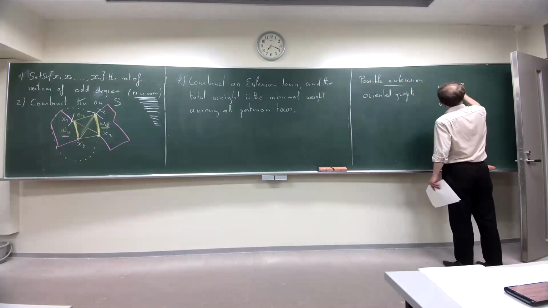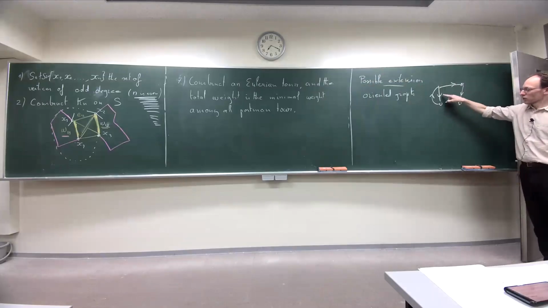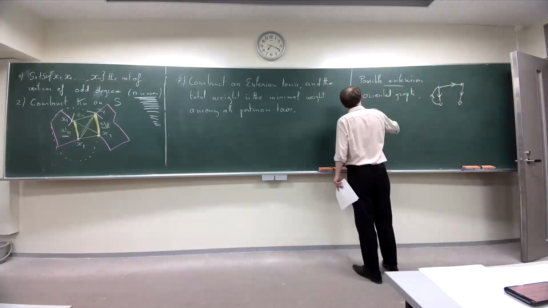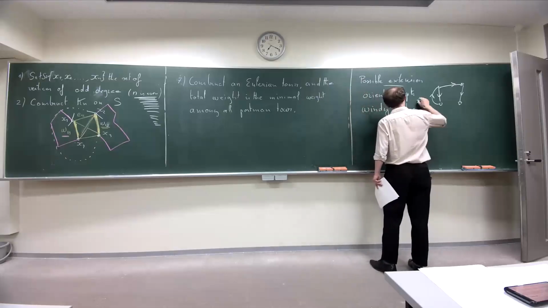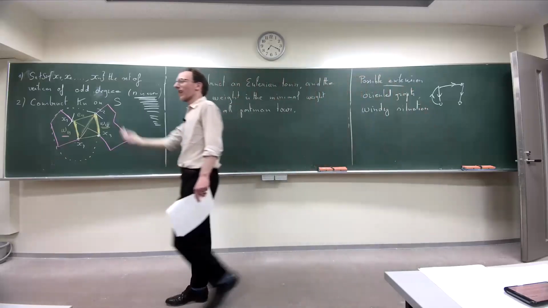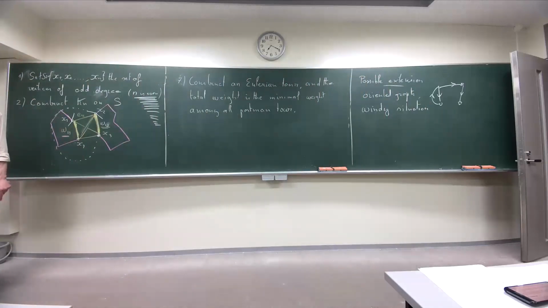For example, you can have something like this with a different weight if you go in this direction or in this direction. And there are even additional complications, what is called the windy situation, which means that in some direction, it always costs you more than if you go in other directions. Okay, so you can make it more and more complicated. I'm sure you can find on internet plenty of extensions about this.